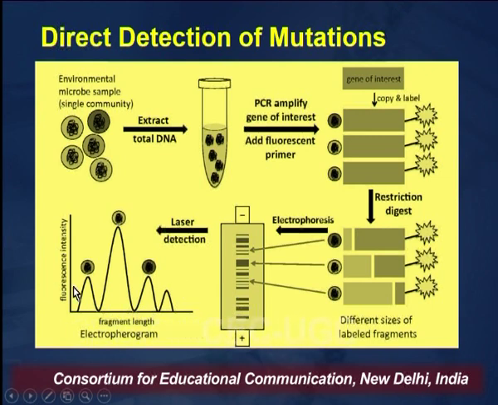This shows you the location of these particular fragments. When they are scanned, they will give different sized fragments, and based on these we can identify whether the mutation is there or not. So, this can diagnose whether that gene is a diseased gene or a normal gene. I hope you understand this direct detection of mutation, because the restriction fragment length polymorphism has occurred in the gene or the region that we are studying. So, it is a direct detection method.